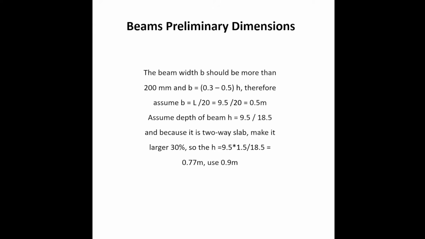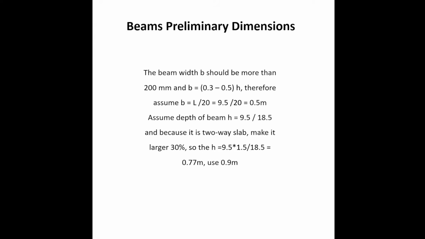We need to increase this ratio, which means to make the beams stiff enough, so the slab will be adequate for deflection. So we can take 9.5 over 18.5. This gives us some value, but you need to increase it a little bit.